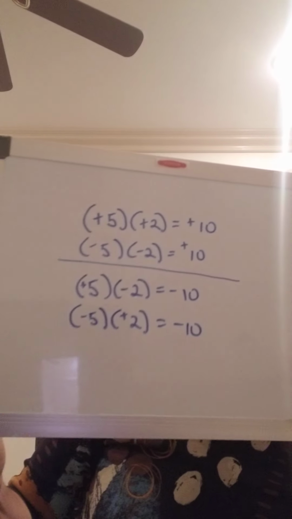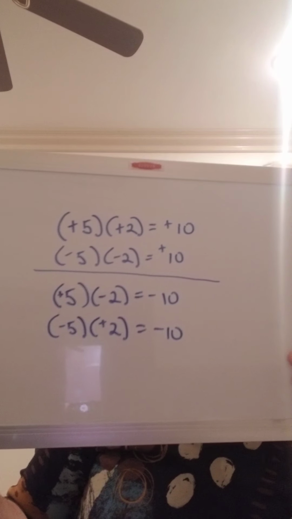A plus 5, whether it shows plus or no sign means plus, times a minus 2 is a minus 10. And a minus 5 times a plus 2 is also a minus 10. So for multiplication, same signs give you a positive number, and different signs will give you a negative number.